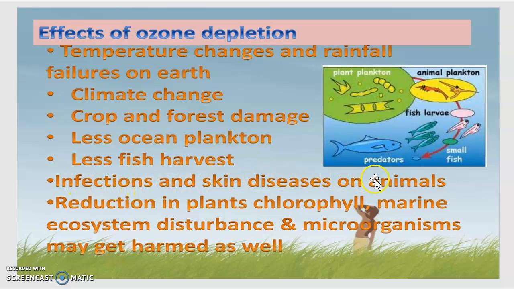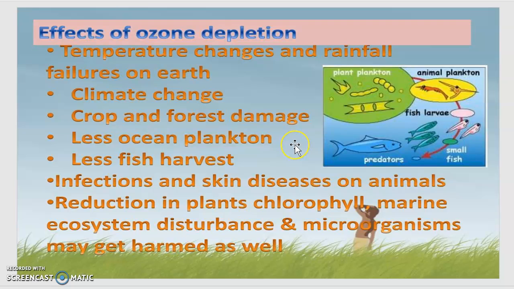Infections and skin diseases on animals. Reduction in plants' chlorophyll. Marine ecosystem disturbance, and microorganisms may get harmed as well. So basically, from the very minute microscopic organisms to the biggest organism on Earth, we will be all affected if our ozone will be depleted.